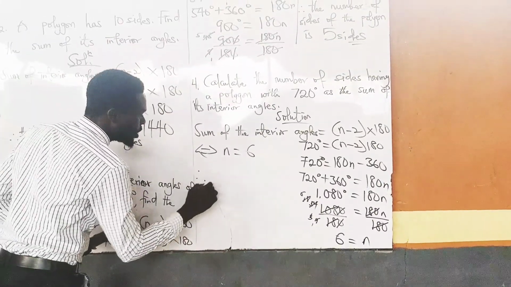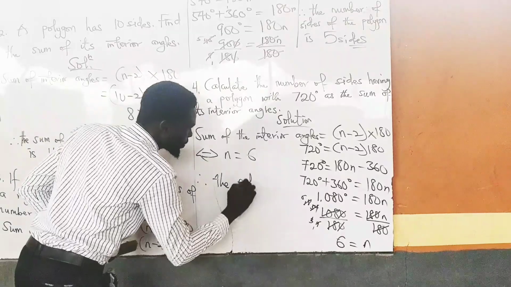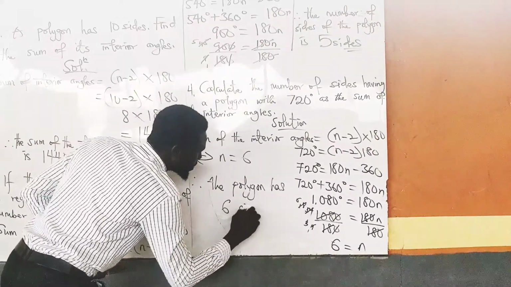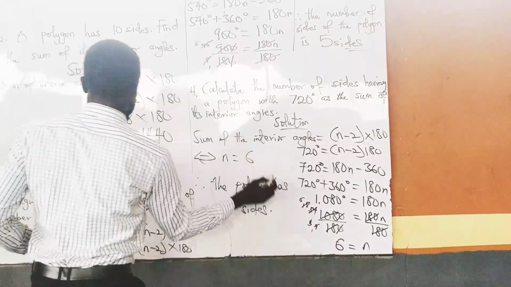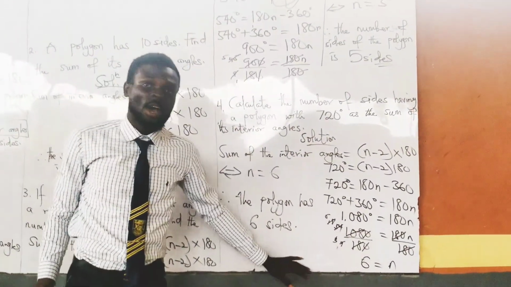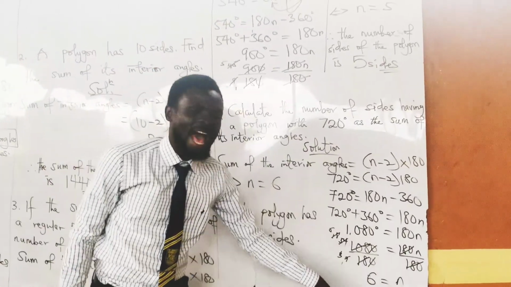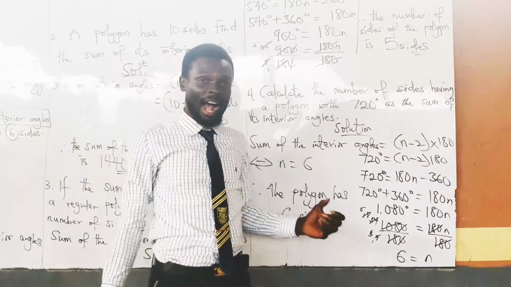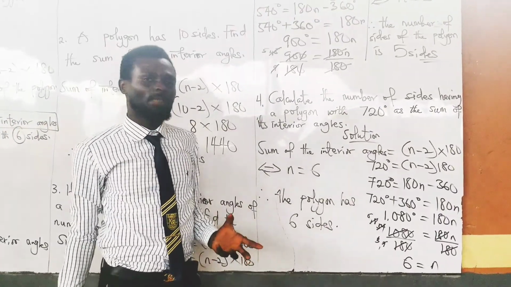So therefore, the polygon has 6 sides. And so that is how we calculate the number of sides if the sum of the interior angles is given.